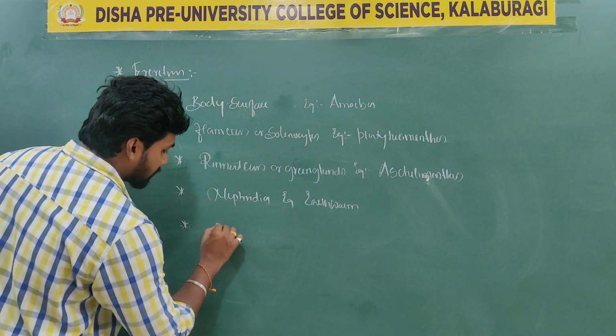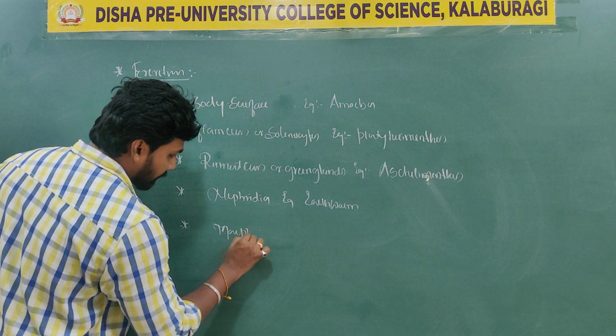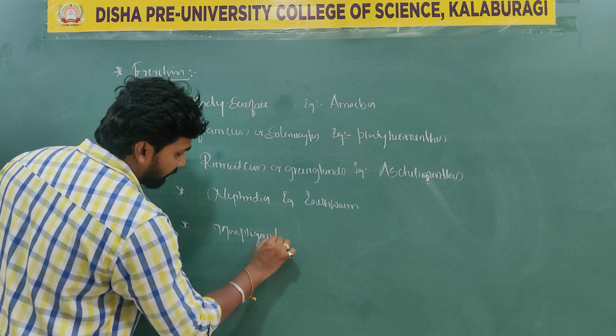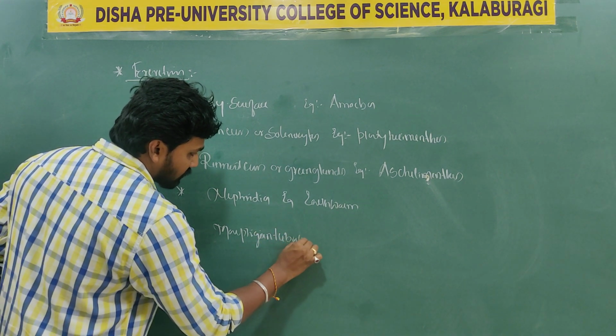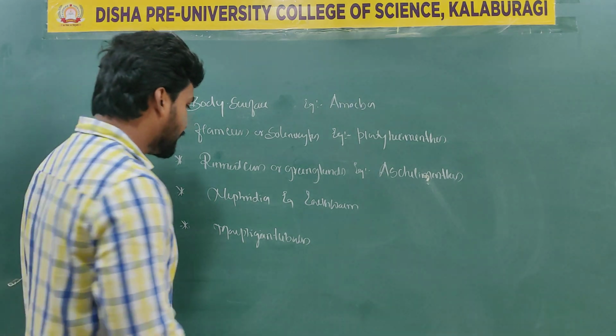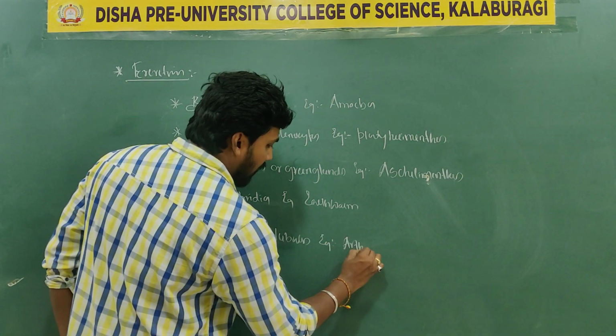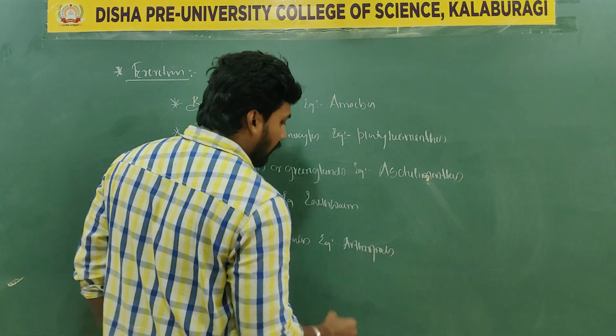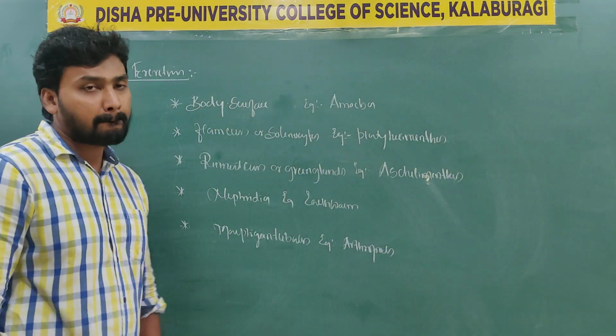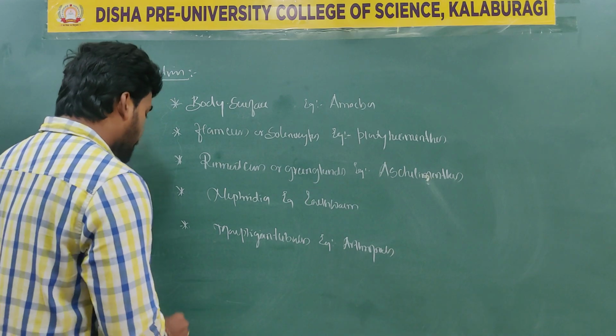Some animals possess Malpighian tubules. Example, arthropods. Arthropods possess Malpighian tubules.